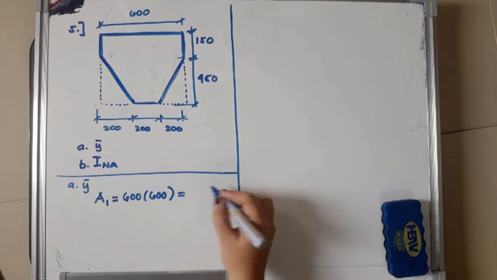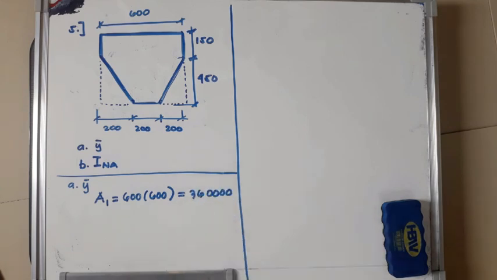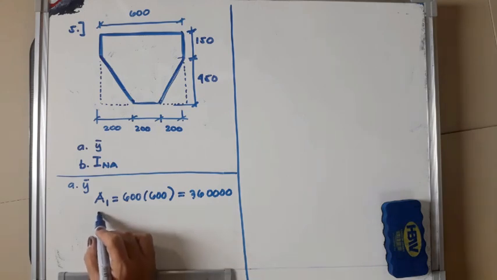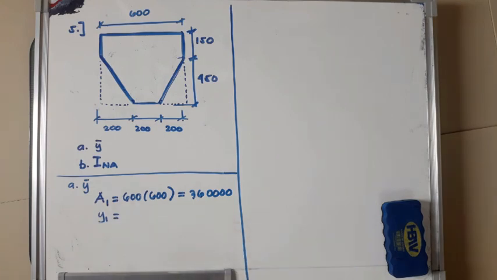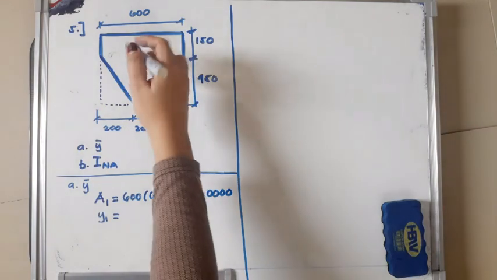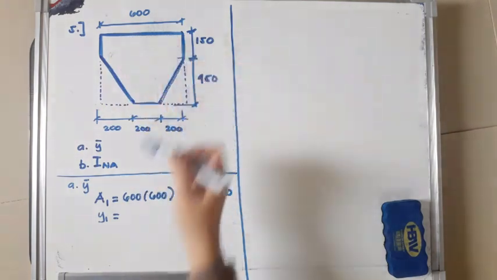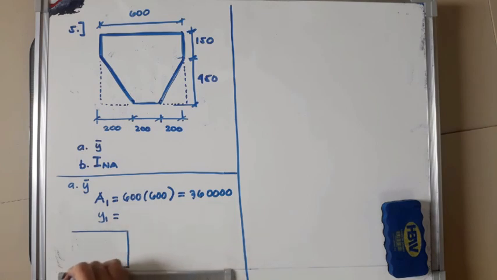So this is equal to 360,000 mm raised to 2. How about our y1? So y1 is just half of the height. So if this is area 1, okay, this is your area 1.